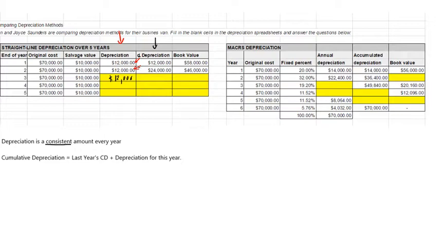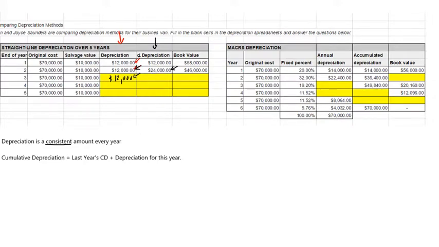At the end of year 2, we lose an additional $12,000. At the end of year 2, 12,000 times 2 is $24,000. At the end of year 3, once again, losing $12,000 in value, 12,000 times 3 is what? And so on, 12,000 times 4, 12,000 times 5, to get our cumulative depreciation over time.